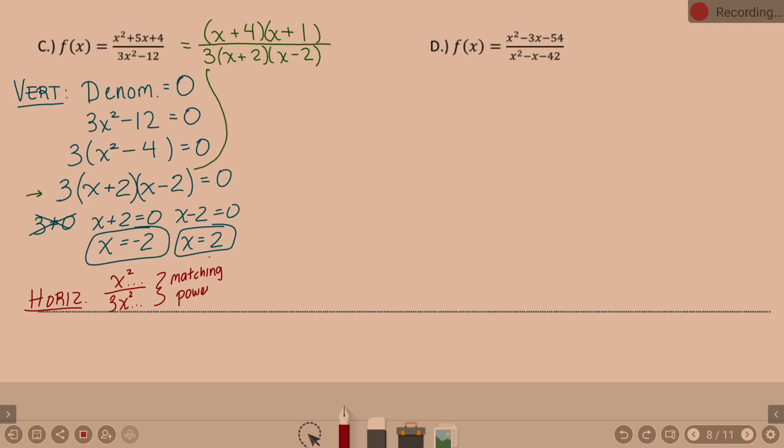Okay, matching powers, you're using the leading coefficients. What's my leading coefficient on top? It's an invisible 1, yes? So what are we looking at? We're going to be using 1 over 3.